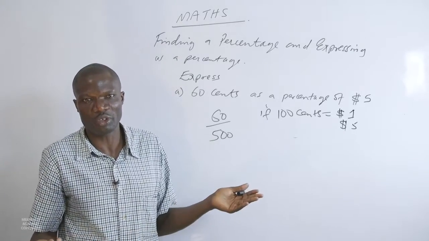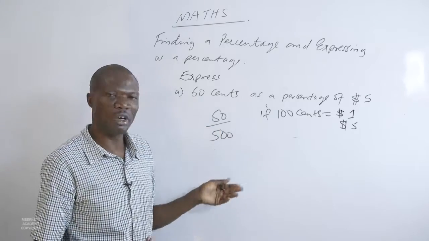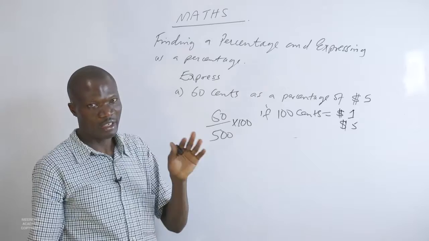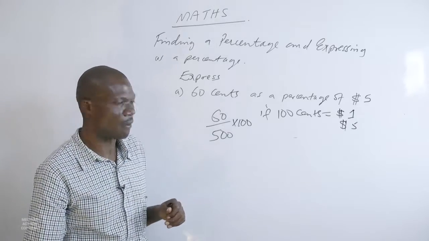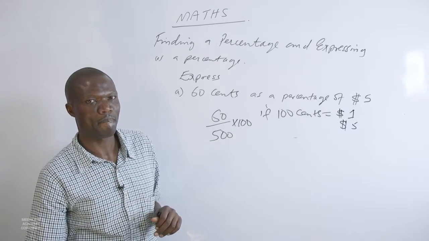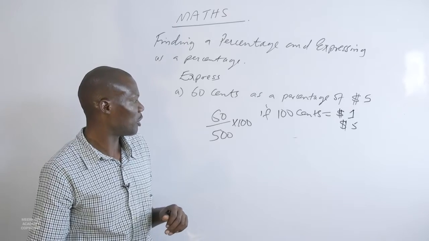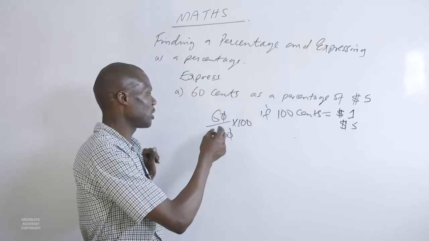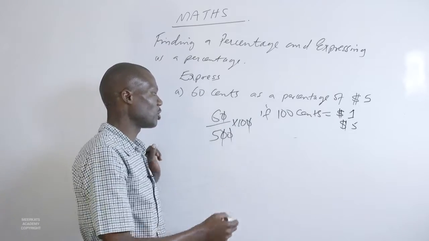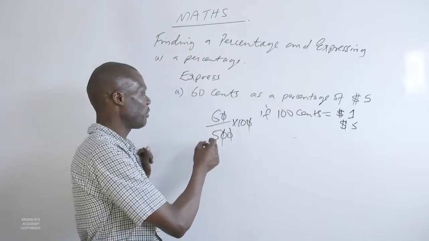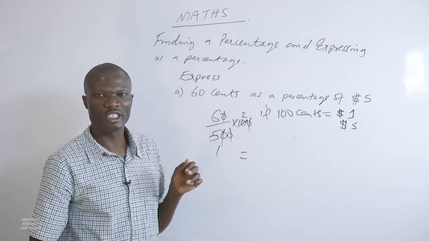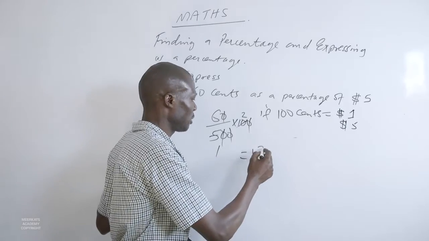So what follows? 60 over 500 multiplied by 100 will give us the percentage we are looking for. When you look at this, 10 goes there, by 6 and 10, 50. 10 also goes there. You remain with 5. By 5 is 1. By 5 is 2. So you're getting 6 times 2, which is 12%.